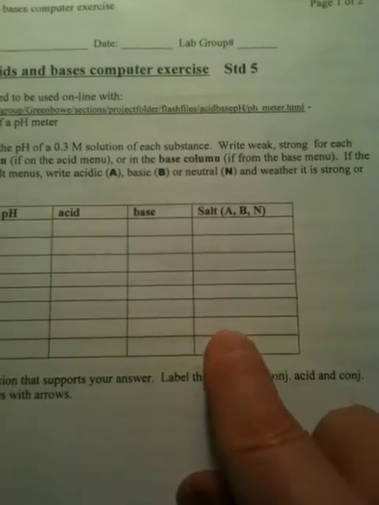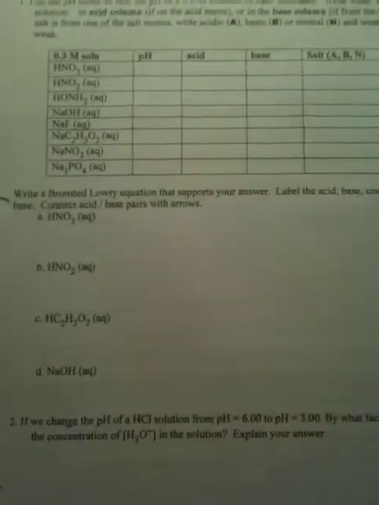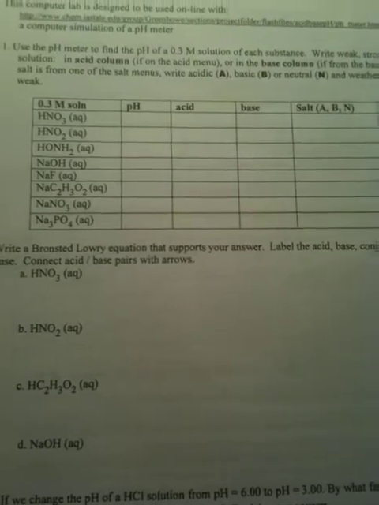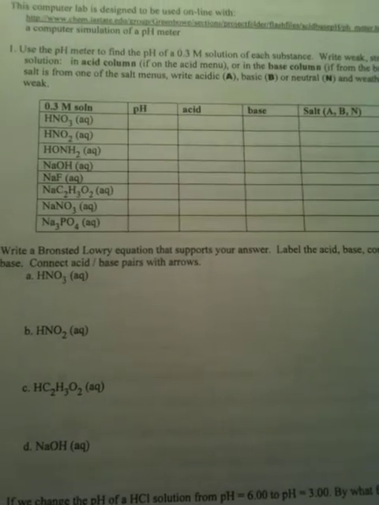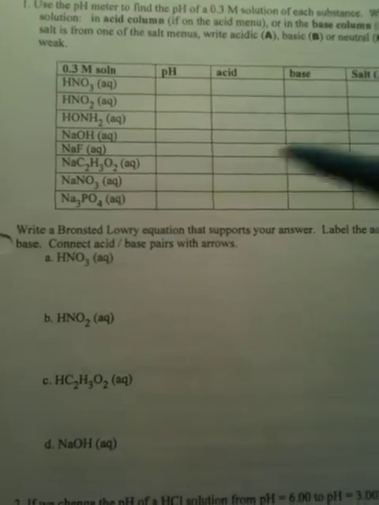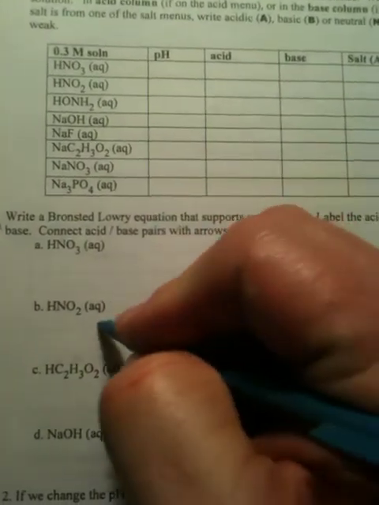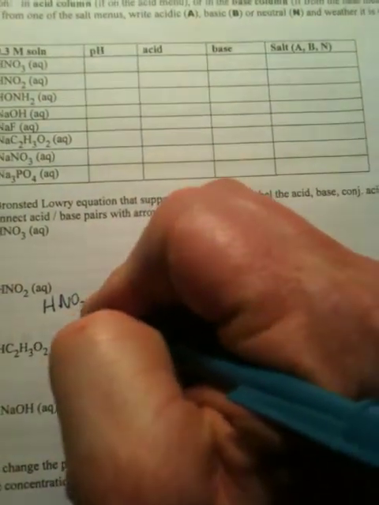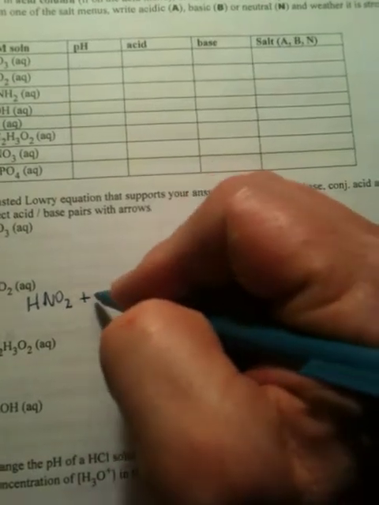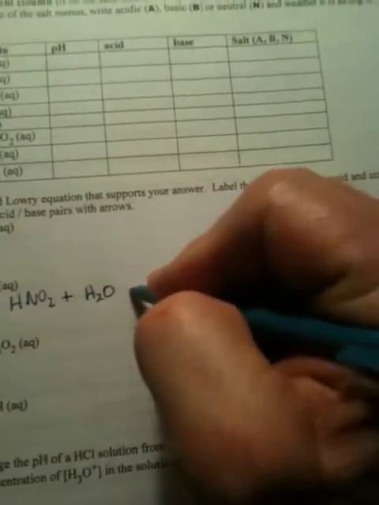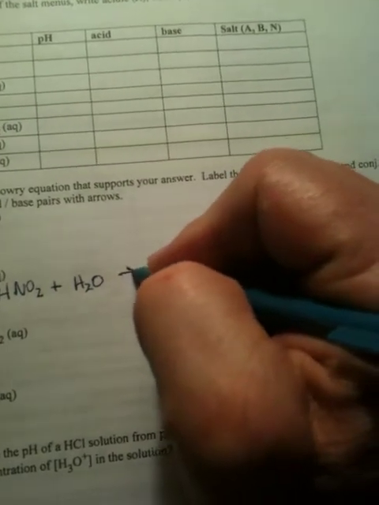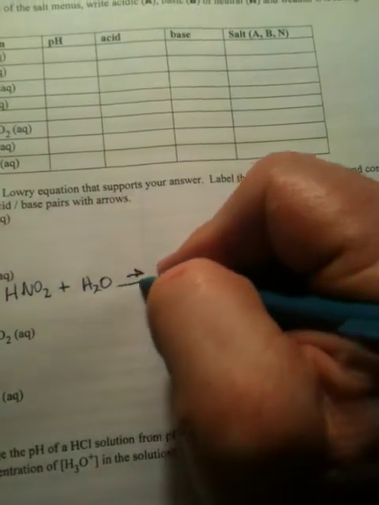Now here we want a Bronsted-Lowry acid-base equation. I'll do one with the ionization of our weak acid here. So we're going to have HNO2 get together with water, and it doesn't like to go very much to the right, so we get a little arrow to the right and a big arrow to the left.